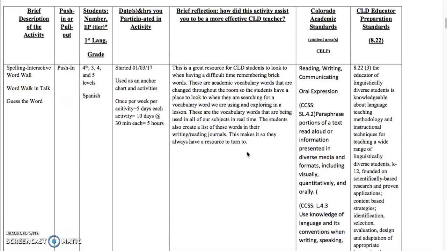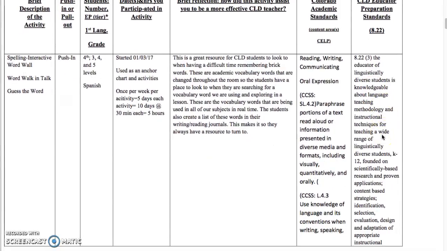So this log connects to how I was able to tier the lessons and what students were able to use this. Then the next column here was the Colorado academic standards and what standards were hit for these activities. And then the next one was the CLD education preparation standards, which were my teaching standards.